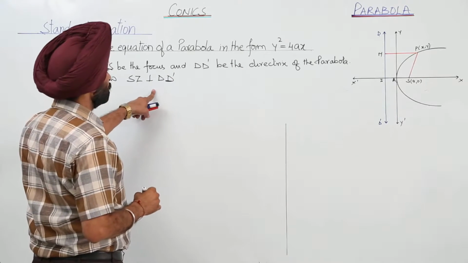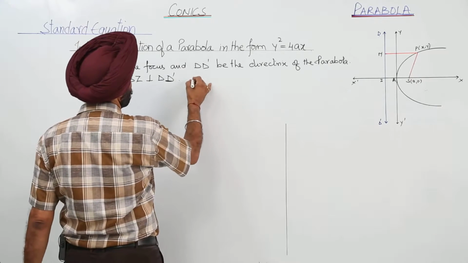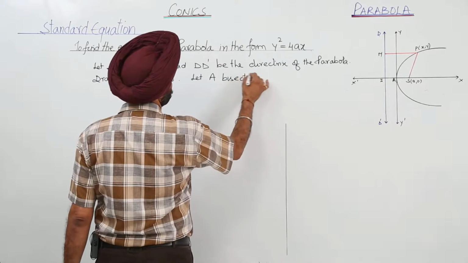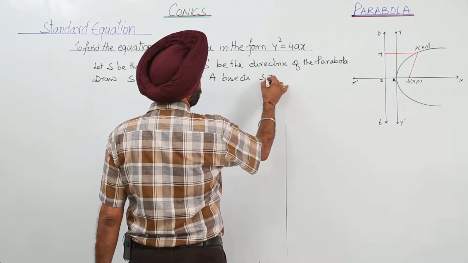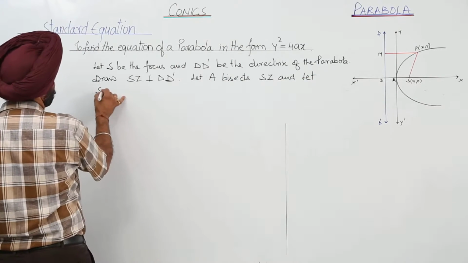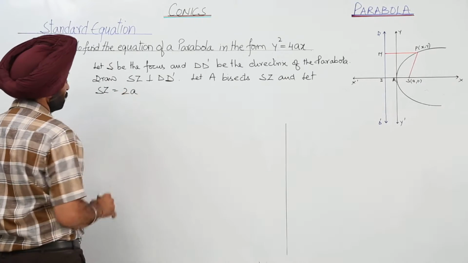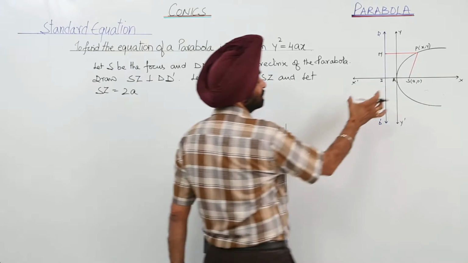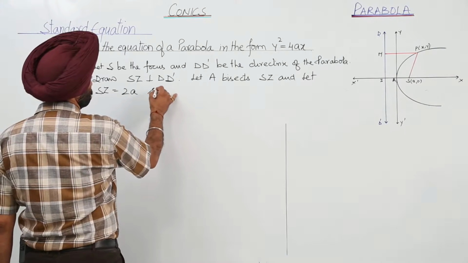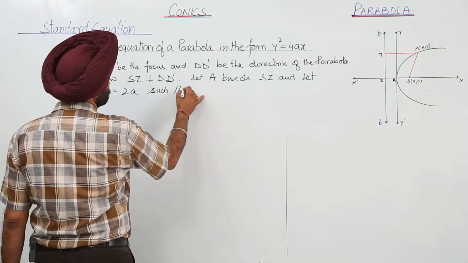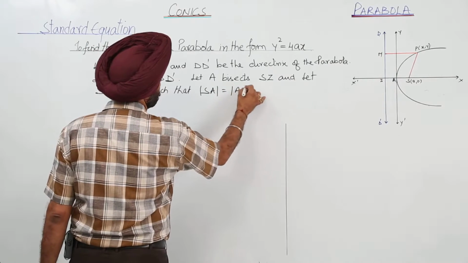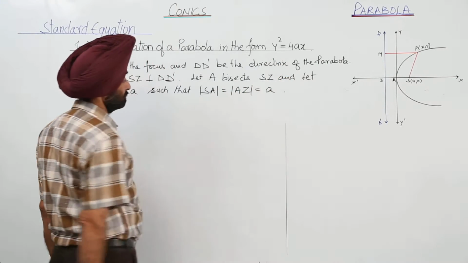Let A bisect SZ, and let the distance SZ be twice of a, such that SA is equal to AZ is equal to small a.